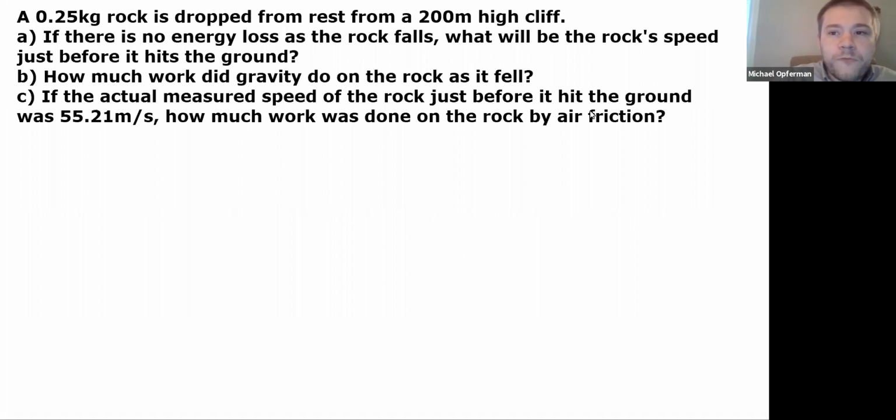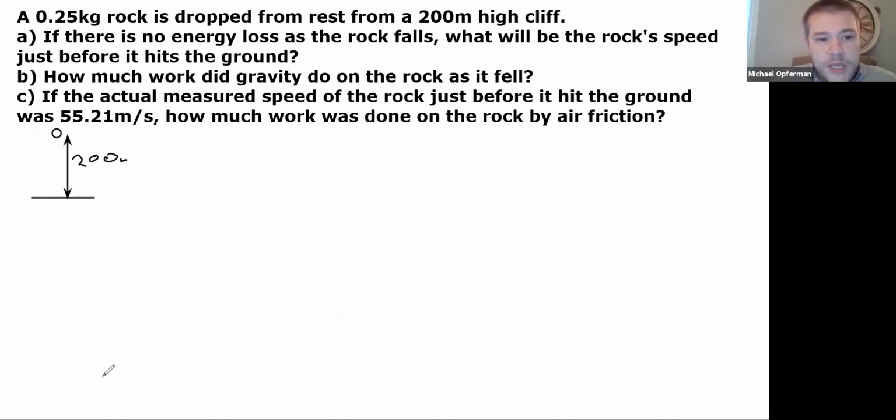All right, so to do a conservation of energy method, the first thing we need to do is identify the initial and final states. So here's my initial state. The object is released from rest at a height 200 meters above the ground.